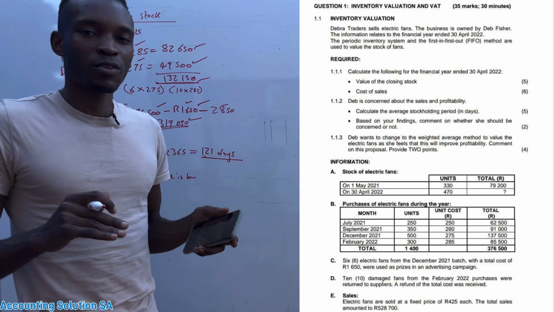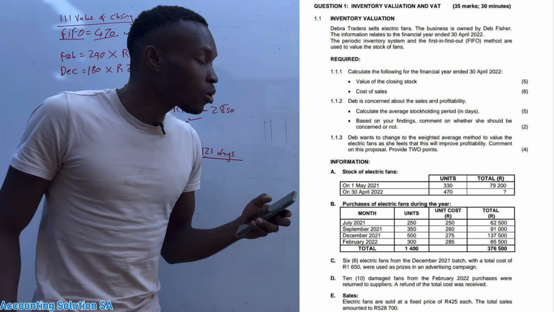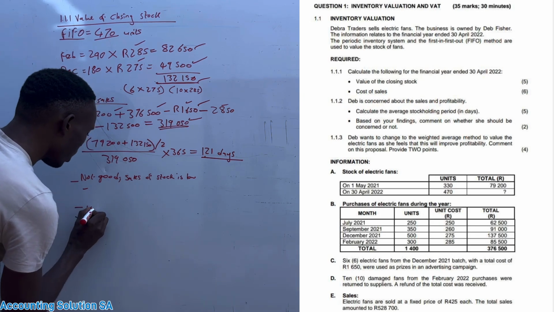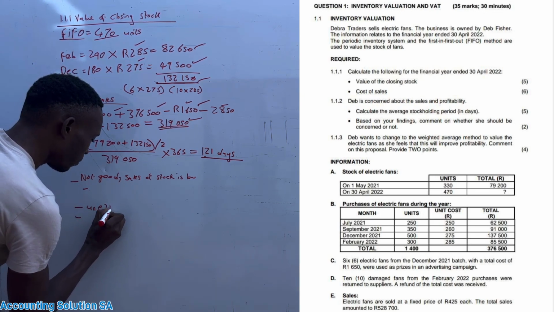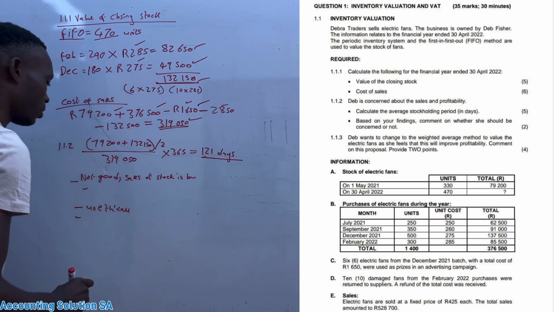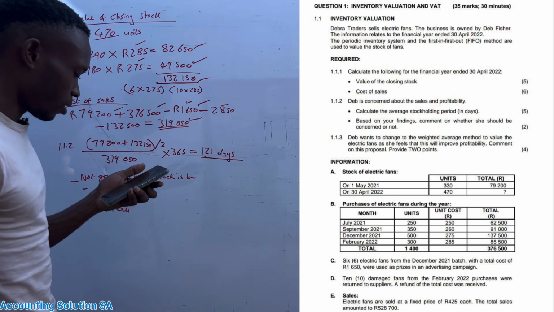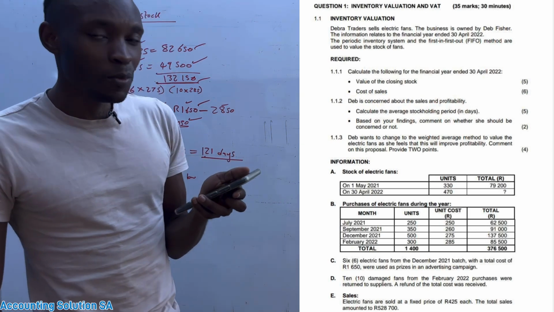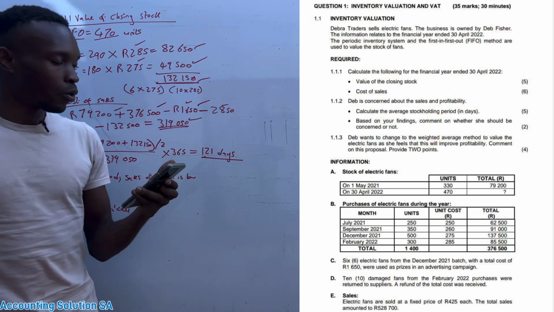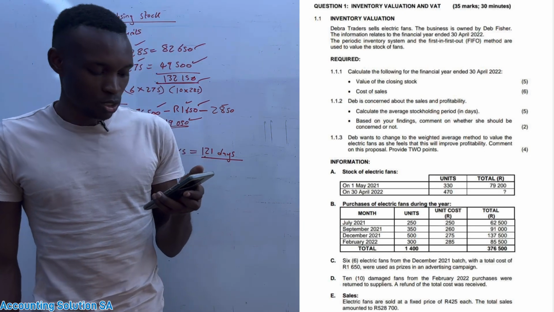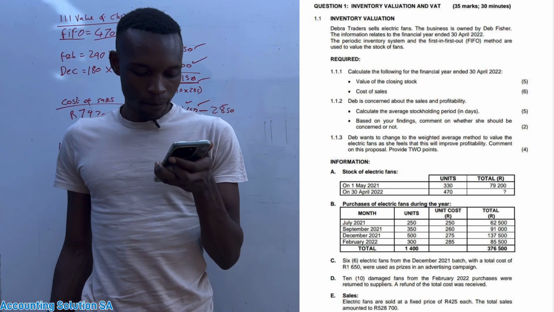You don't change a method because you want profit to look good. We call it unethical. It's more like she wants to manipulate the value of profit, which is not allowed at all.